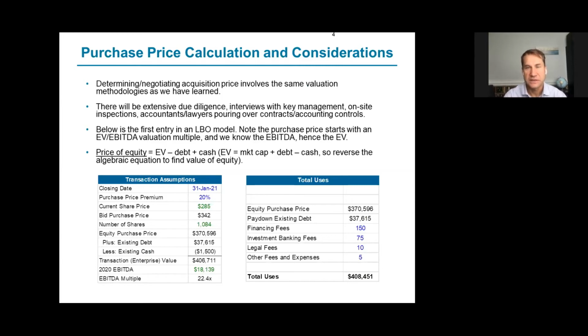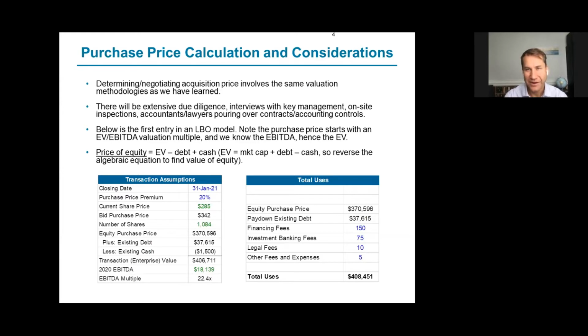So here's an example of a transaction price calculation, and then how that feeds into the uses. So typically, let's say for Home Depot, since it's a public company, the price is typically determined as a premium to the market share price.